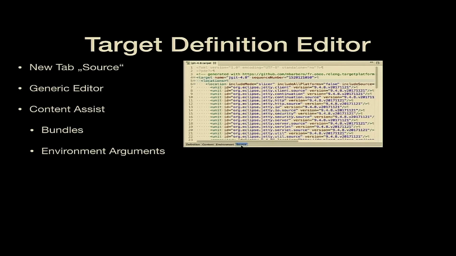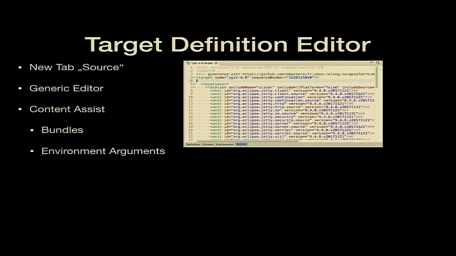And the neat thing is that what you're seeing here is actually the generic editor from Eclipse. It has been extended to provide nice features like content assist to search for versions or what bundles you have in that repository. So it is much nicer to work with target definitions now.